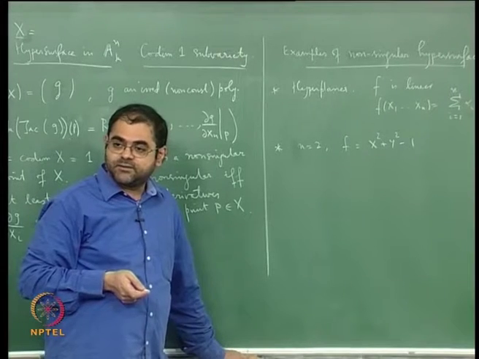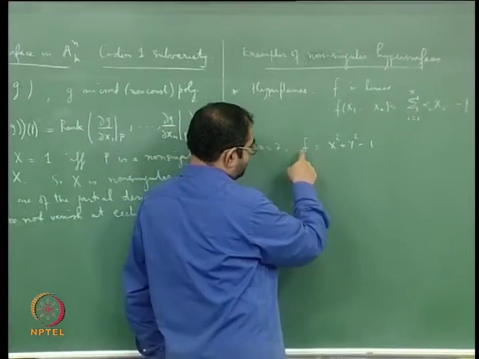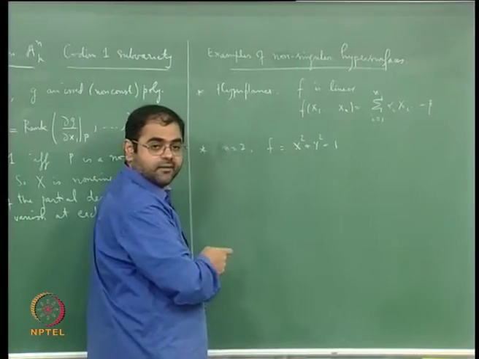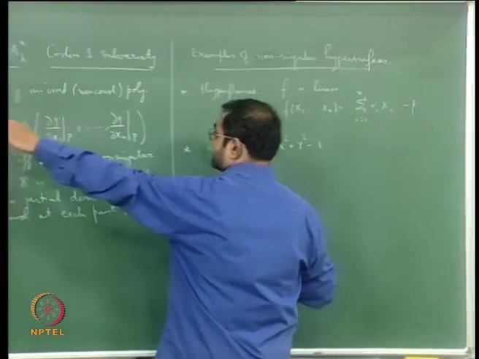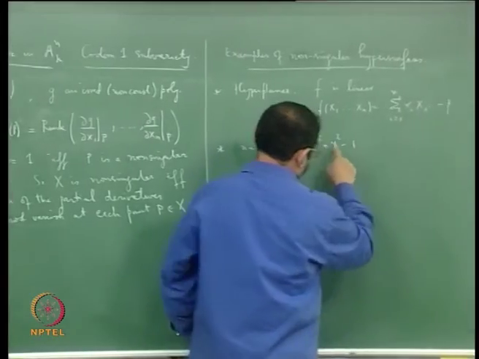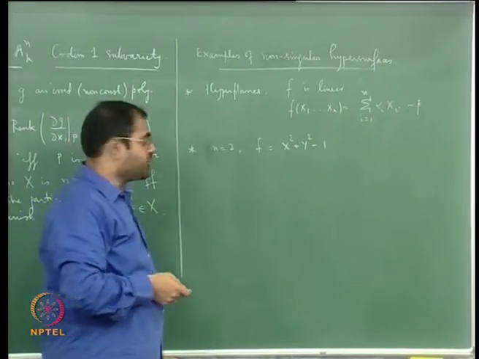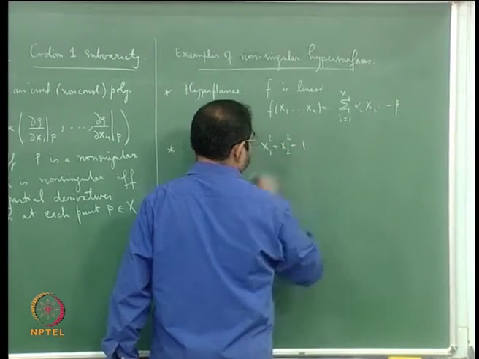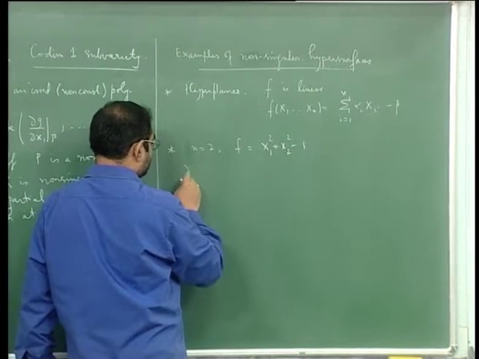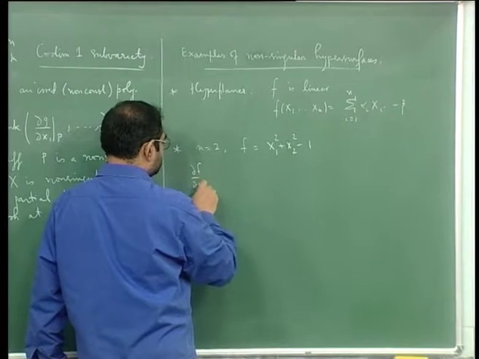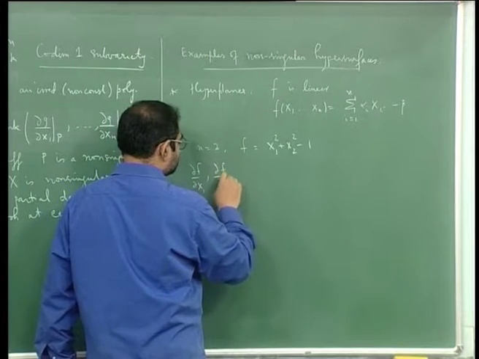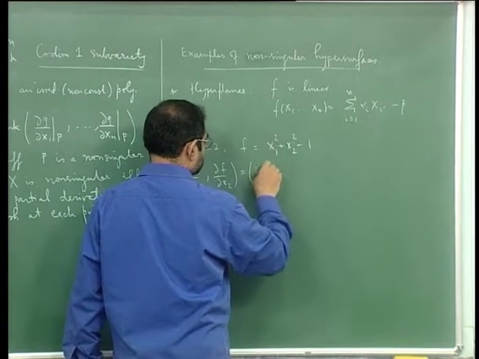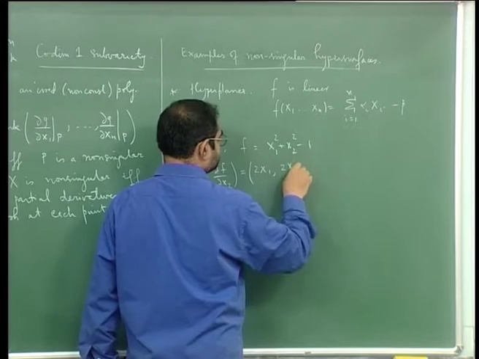I am taking the variables as x and y, but if I want to use standard notation, I should take x1 and x2. So let me write it as x1 and x2. Then if I calculate ∂f/∂x1 and ∂f/∂x2, I get 2x1 and 2x2.